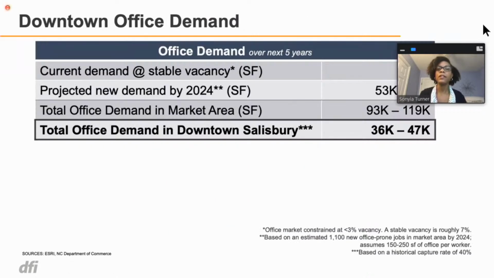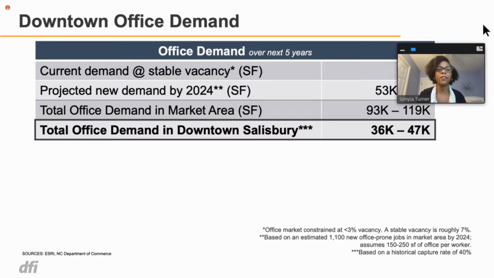When we look at office demand over the next 5 years, we calculate demand looking at what we consider a stabilized vacancy rate. The current vacancy rate in the office market is 3%. Typically, a stabilized vacancy rate is closer to 7%. And so when we do our analysis, we show that there's a demand of around 40,000 square feet at a stabilized vacancy rate.